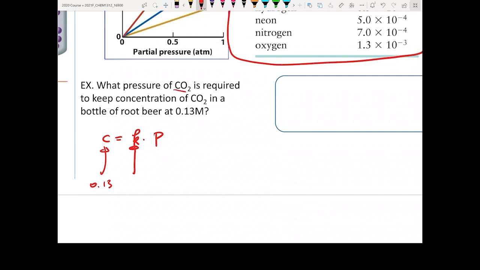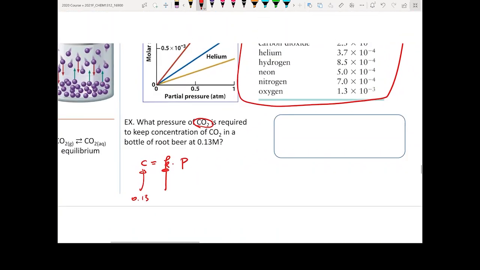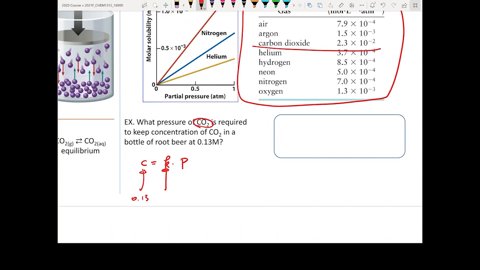For K, you know it's CO2, so I'm going to go back to this table and check out the K. K is 2.3 times 10 to the negative 2. Then you want to find out what pressure you need to exert on the solution. So what's the key?